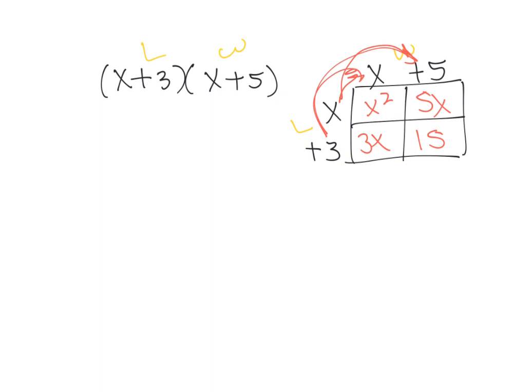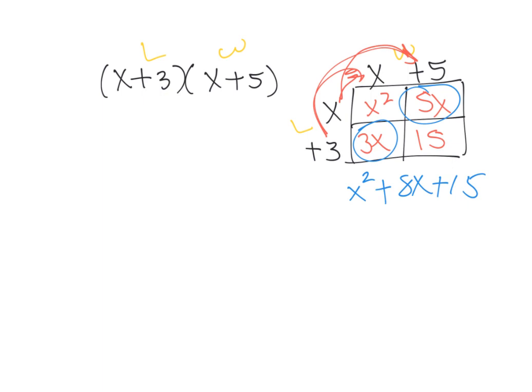Then looking a little bit here, we notice we have 5x and 3x are like terms, so we could do x squared plus 8x plus 15. And that's how you would multiply these binomials.